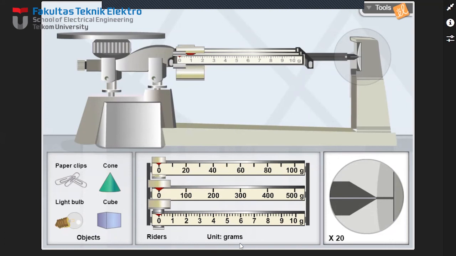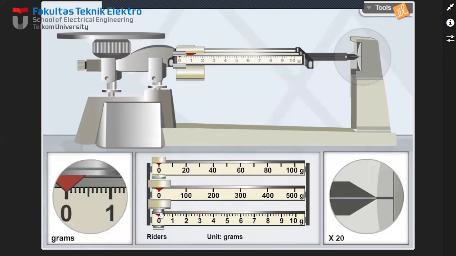And to find out what the lowest scale is, it is pretty easy. You just have to look at these numbers here. Now from 0 to 1, tell me, how many lines represent a number? There are 10 lines, right?